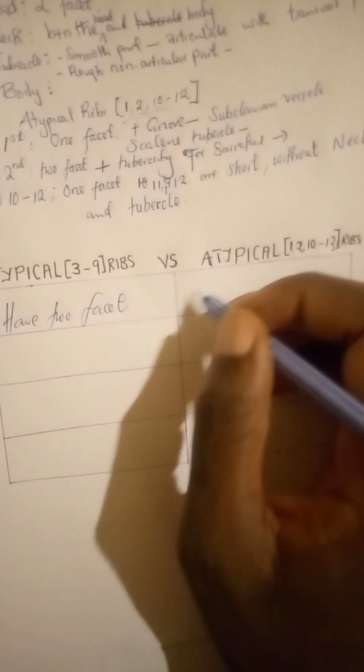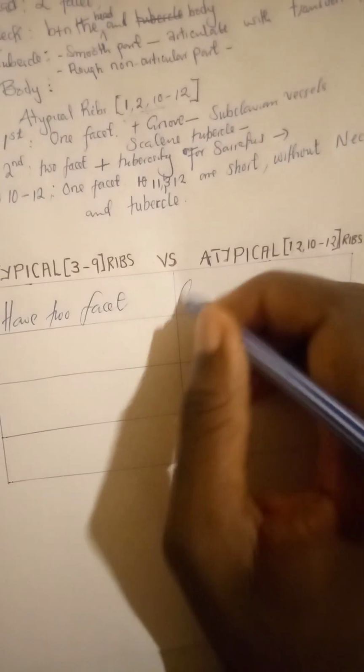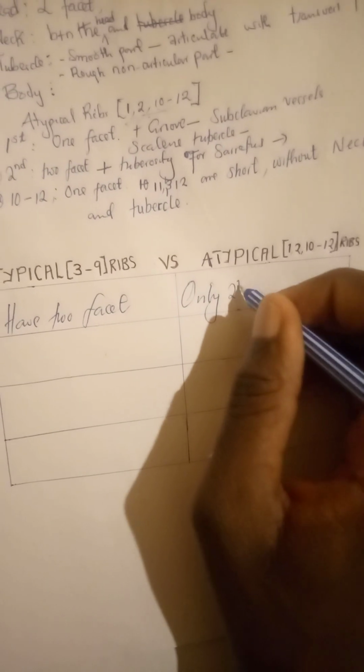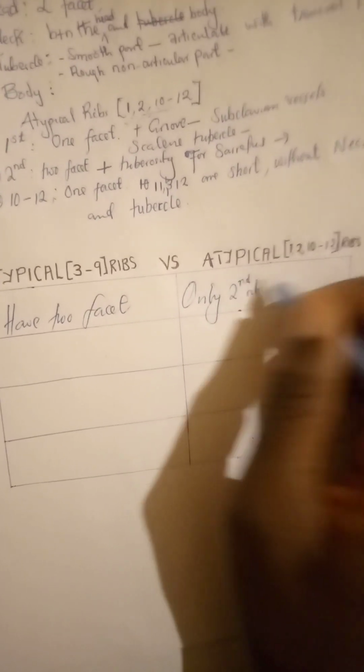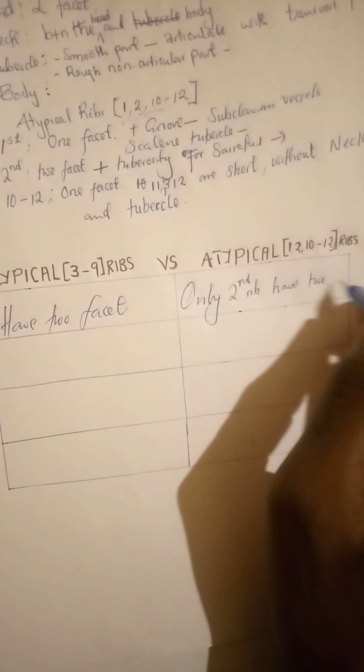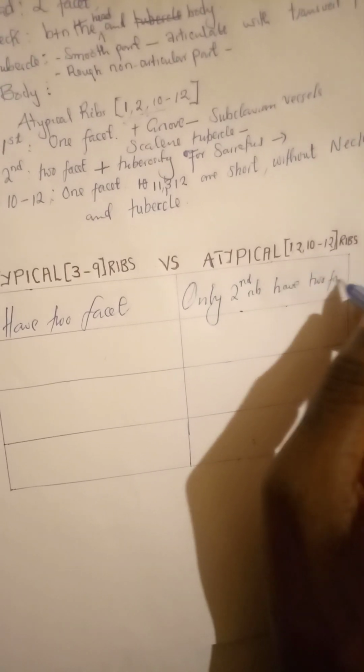When you talk about atypical, only the second rib has two facets.